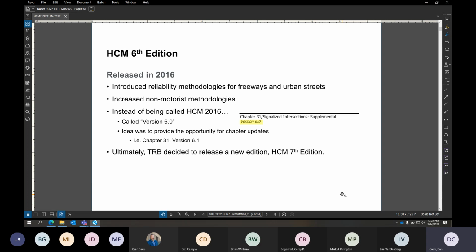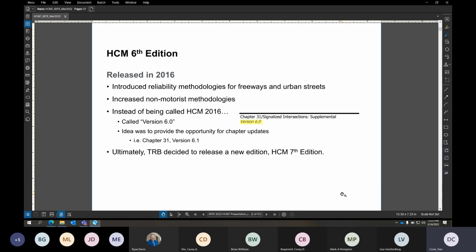As Andrew mentioned, I'm on the TRB committee for highway capacity and quality of service, and our charge is to produce, oversee production of, and maintain the Highway Capacity Manual. We were working on a version 6.1, but new work keeps coming in that we want to incorporate.